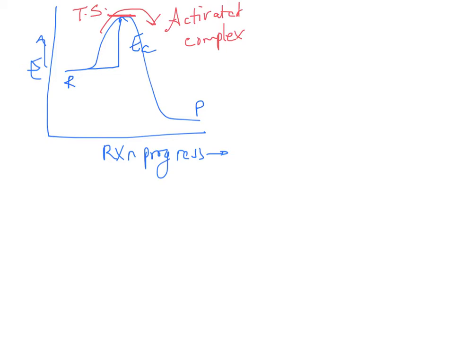Okay, now let's discuss an example. Let's say you have CH3NC, that's my methyl isonitrile, and I want to convert it into CH3CN, which is acetonitrile.